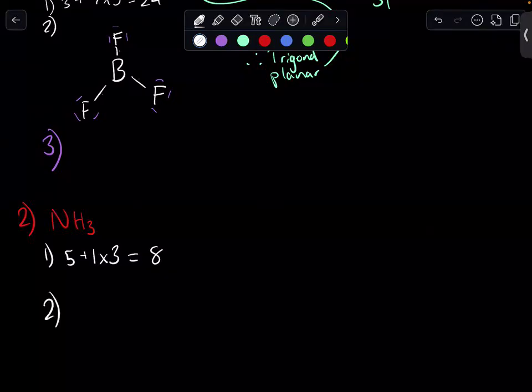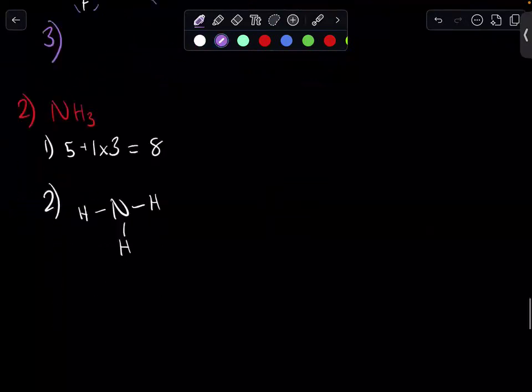Step 2, nitrogen must be in the middle. It's furthest left, lowest quantity, with 3 hydrogens. Step 3, I've drawn 6 already. Now hydrogen is each good with 2, so I'm going to put the final 2 on nitrogen. Steps 4 and 5 are all checks to make sure we're good. We are. So now I'm going to go into my E domains.